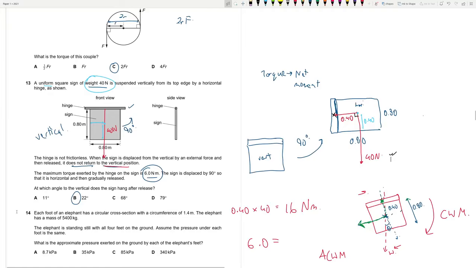According to my diagram, we're going to get a clockwise moment. However, the maximum torque exerted by the hinge on the sign is 6 Newton meters. At one point, the friction will provide an anti-clockwise moment, which actually prevents the sign from returning to its original position.